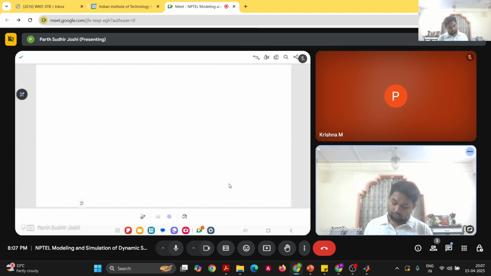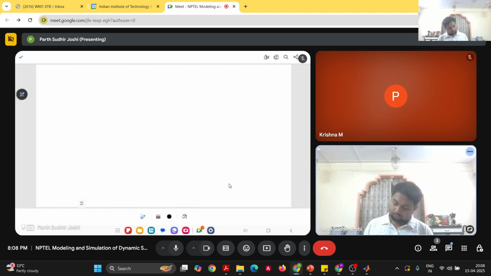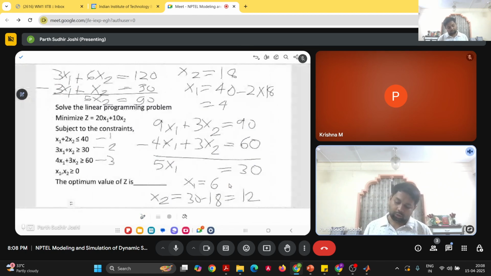The columns are vertex, value of x1, x2, and the next column will be Z, which is 20x1 plus 10x2.